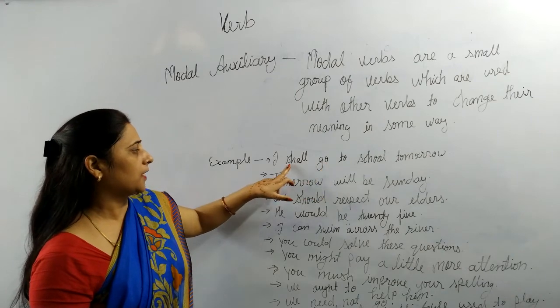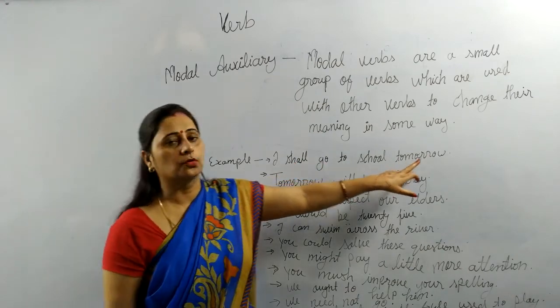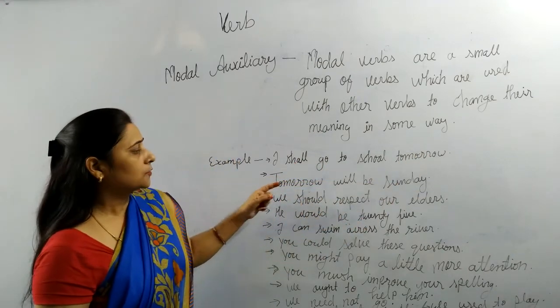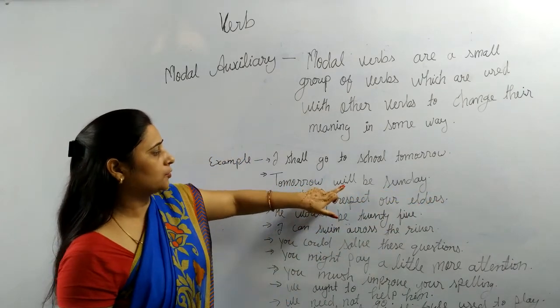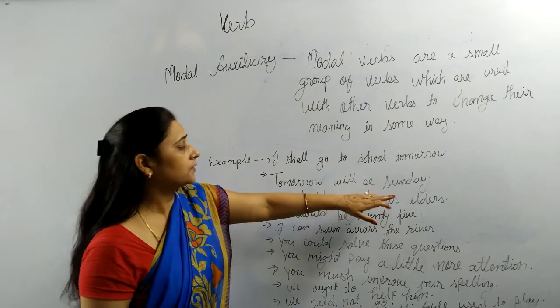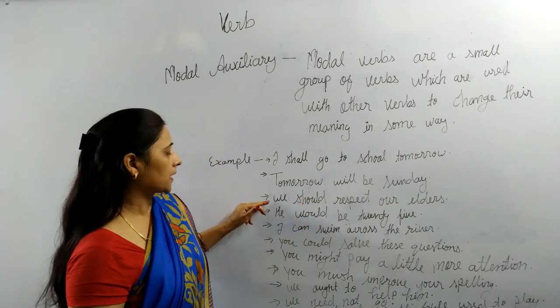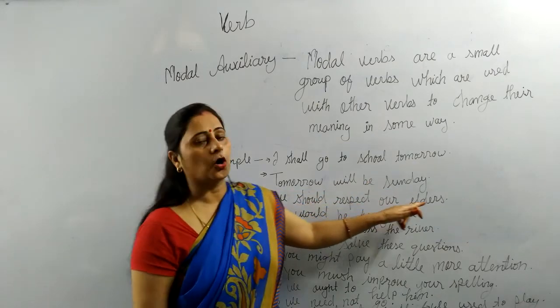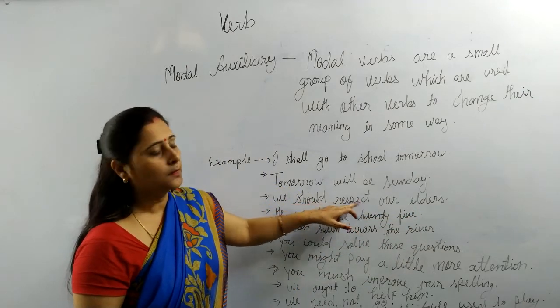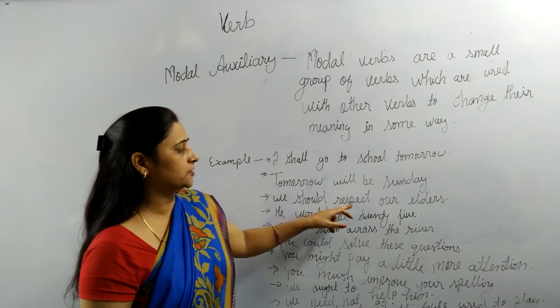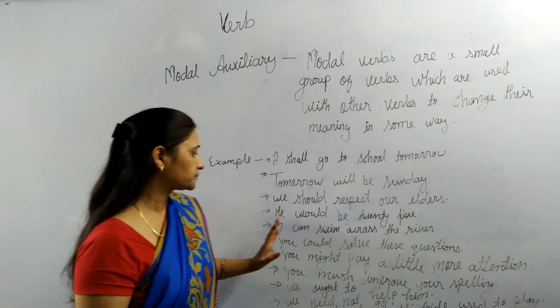Go is the main verb. Next, tomorrow will be Sunday. Here we have used will. Again, we should respect our parents. The modal should has been used with the verb respect.